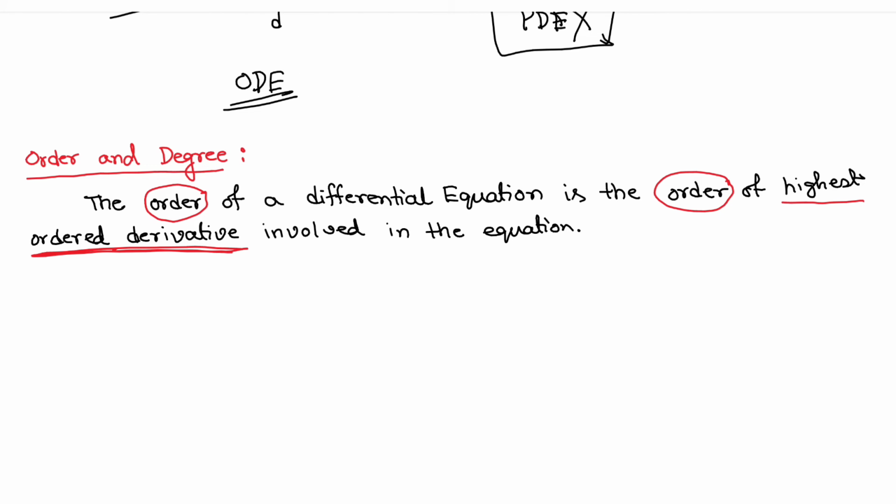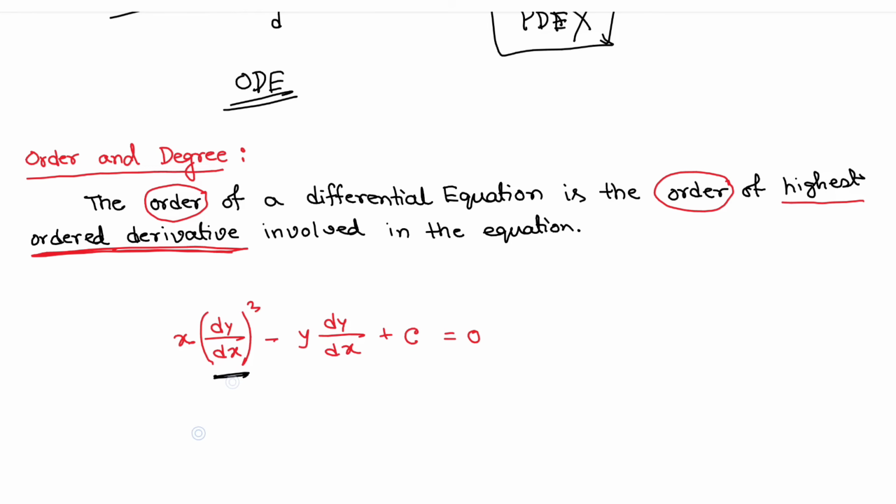For example, suppose I am writing x (dy/dx) whole squared minus y dy/dx plus c equals 0. Suppose this is the equation. Now tell me what is the highest order derivative. Highest order derivative means how many times we are differentiating the function.